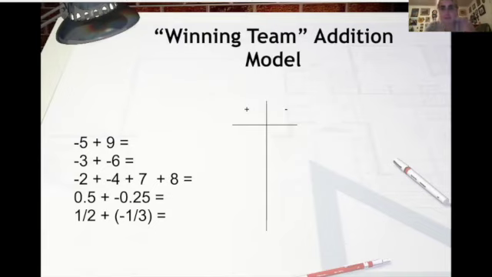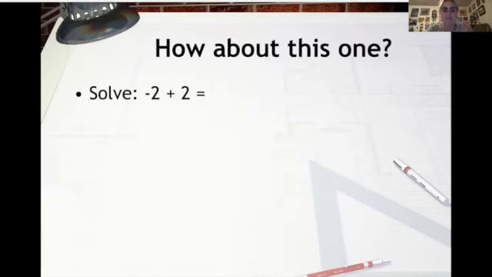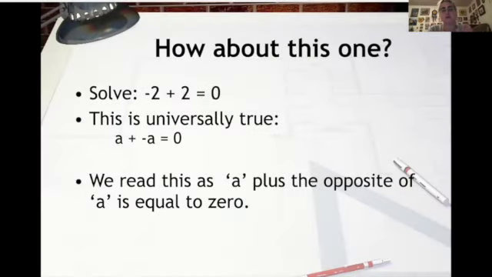All right, we're going to go ahead and move on for a moment. Okay, how about this one? We have -2 plus 2. Are we adding that? Subtracting that? So -2 plus 2 equals 0.